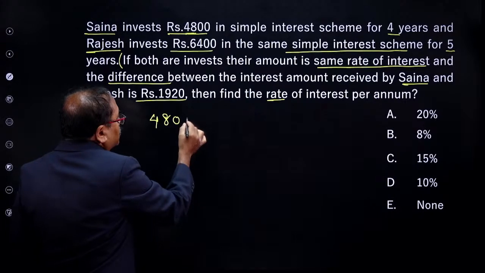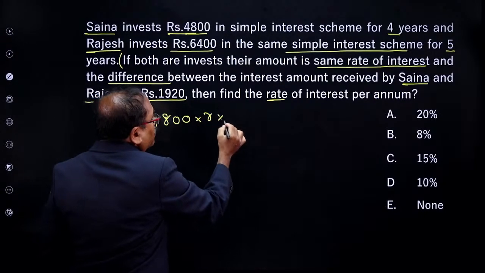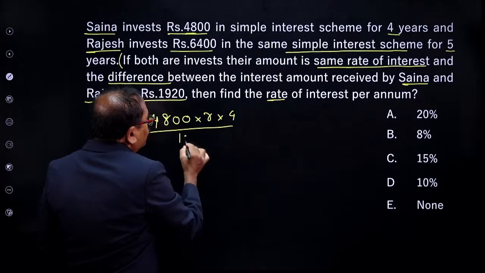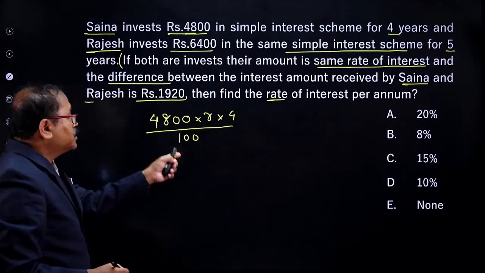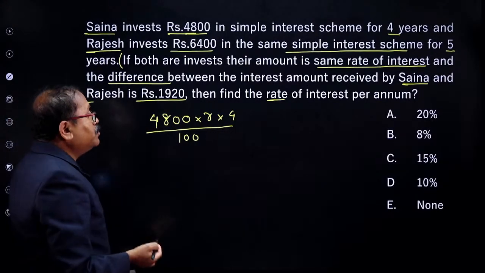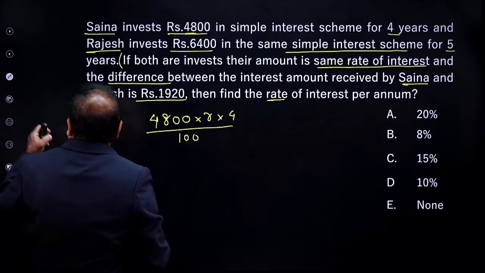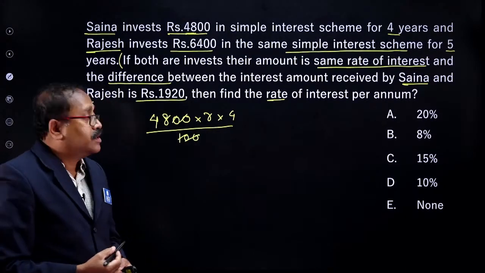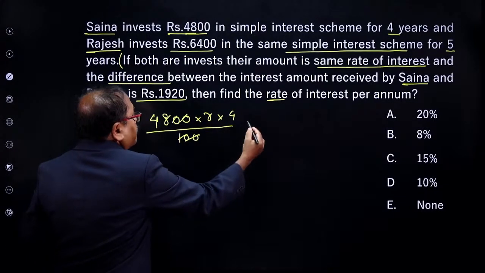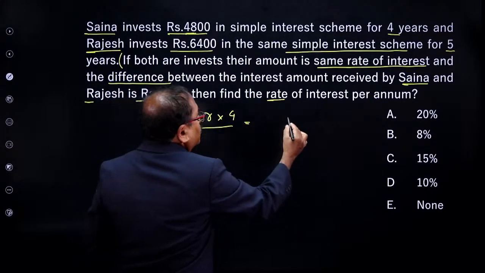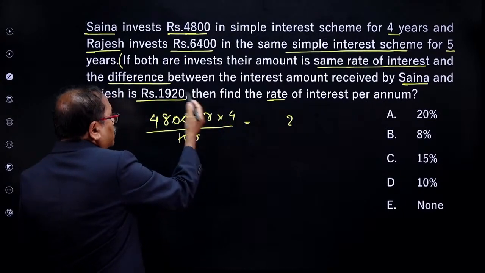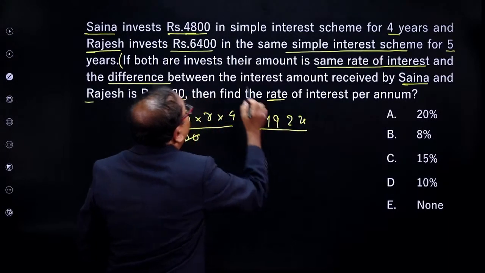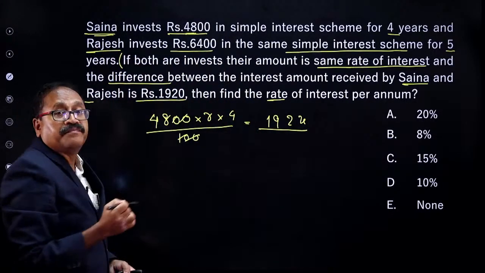That is 4,800, that is sum into R into T by 100. तो आप इसको क्या पाएंगे? ये 100 कैंसिल हो रहा है. सो यहाँ पे जो इंटरेस्ट आ रहा है वो इस तरह से आ जाएगा 48 into 4 into R. So that interest will be, 4 8 is 32, carry 3, and 4 4 16 plus 3 is 19. ये आ गया इंटरेस्ट पहले वाले का, कोई भी नाम हो सानिया.